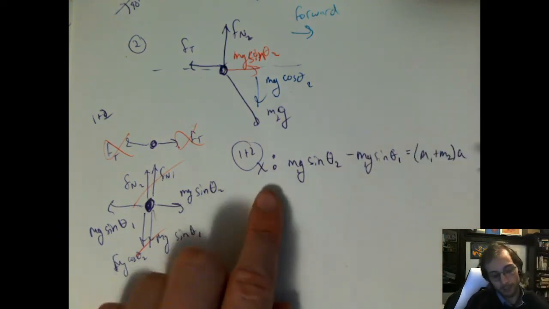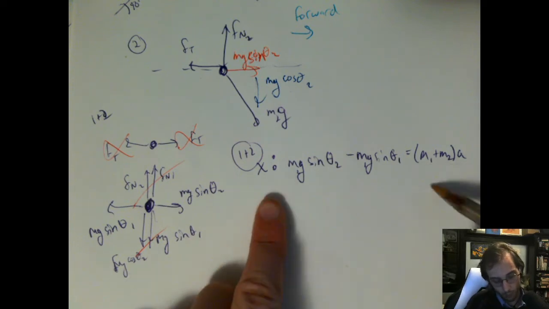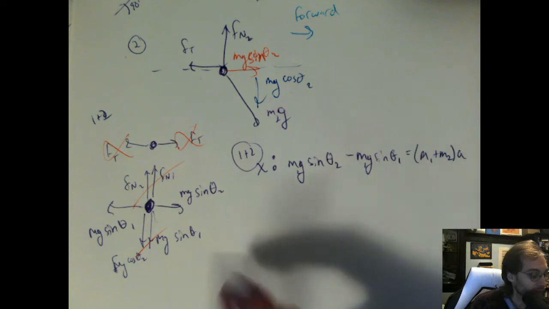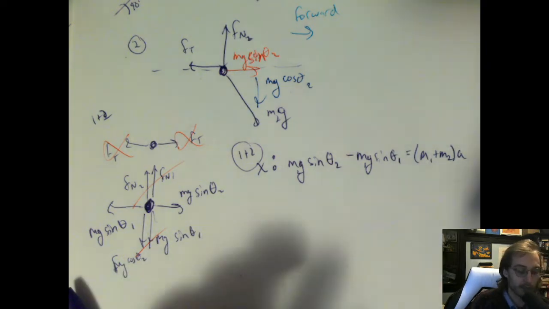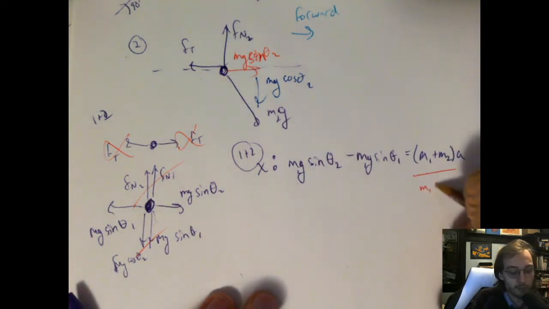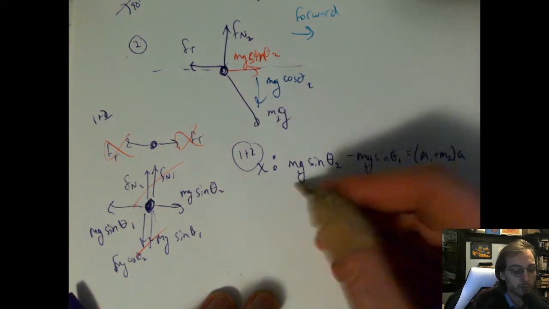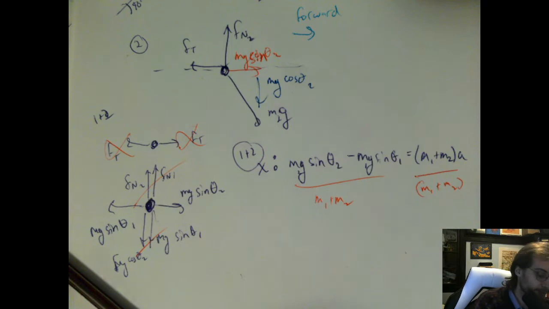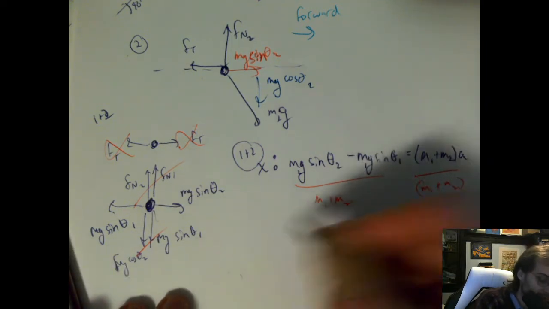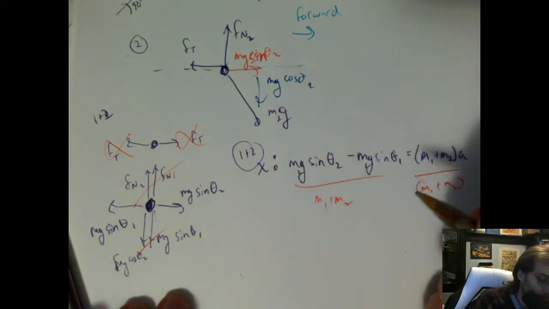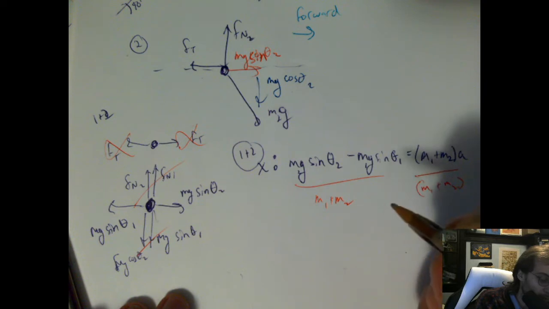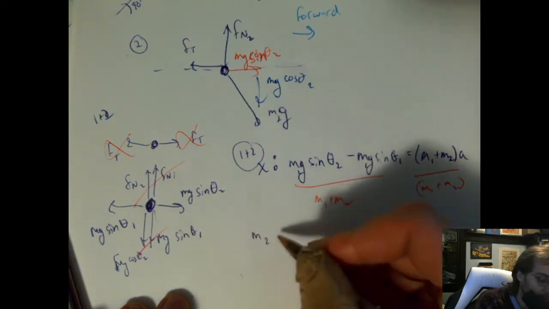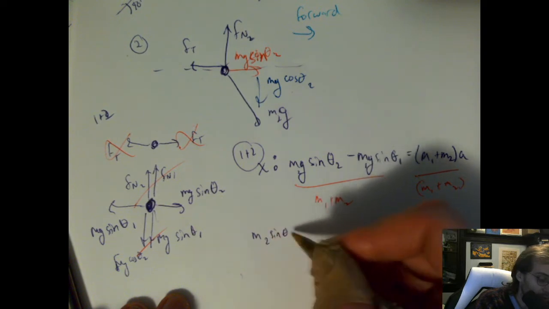So what I can do now is divide each side by their combined mass. And when I do that, I've got an acceleration. We'll get m2 sine theta 2.